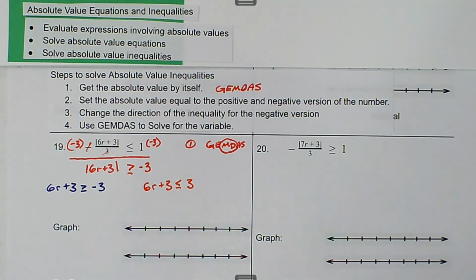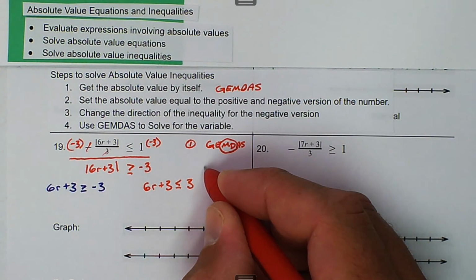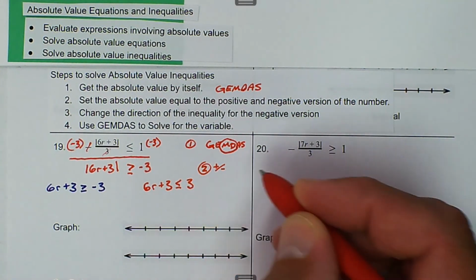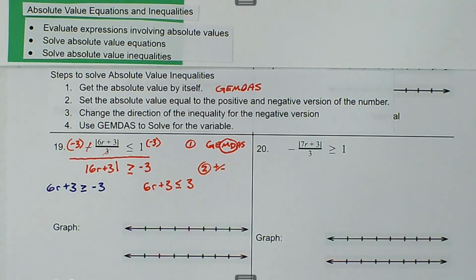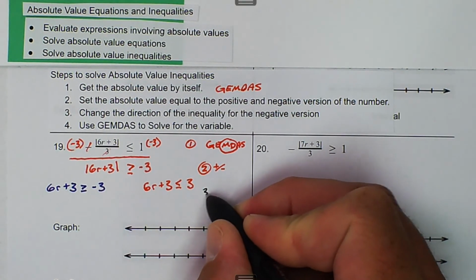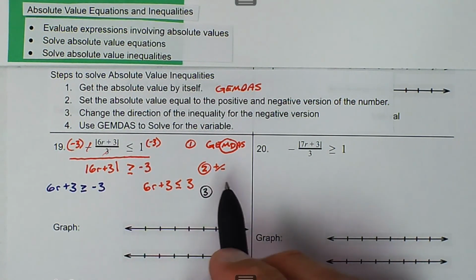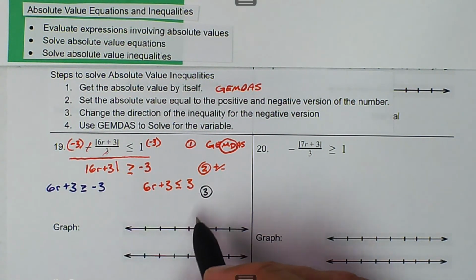So that was step number 2, which was positive and negative. Then the next thing, we just go ahead and use GEMDES again. So step number 3 was change the direction of the sign, which we did.